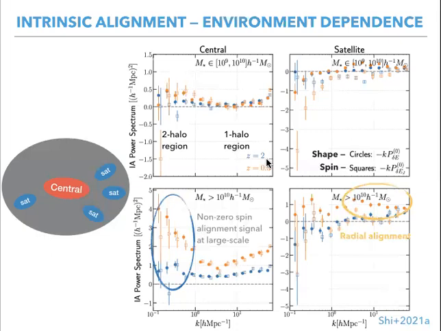Because the tidal field is mainly dominated by the big guys, the massive ones. Okay. And the satellite fraction also decreases if we go to higher redshift, right? I think that's the picture. So it's supposed to be satellites with centrals if we consider galaxies. Yes. Right. Thanks.